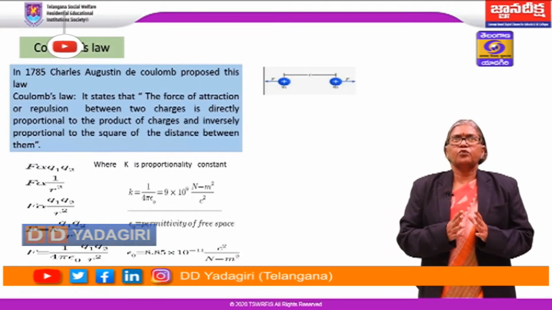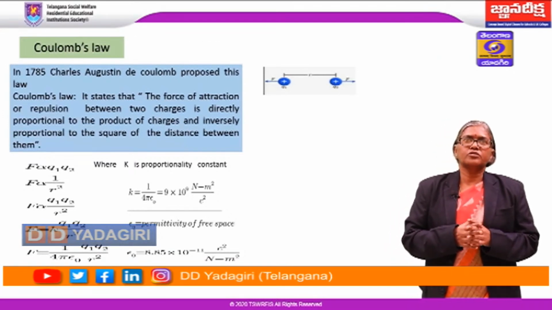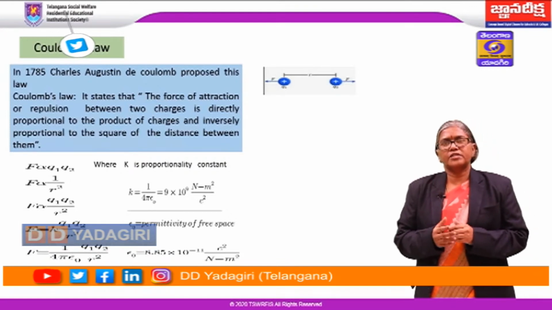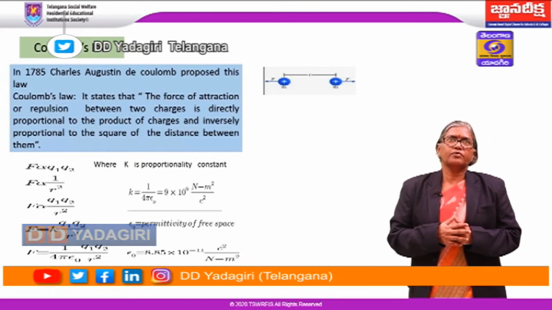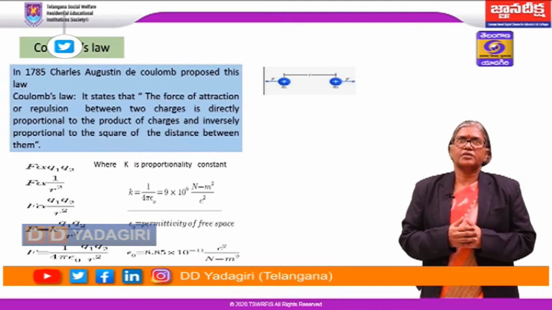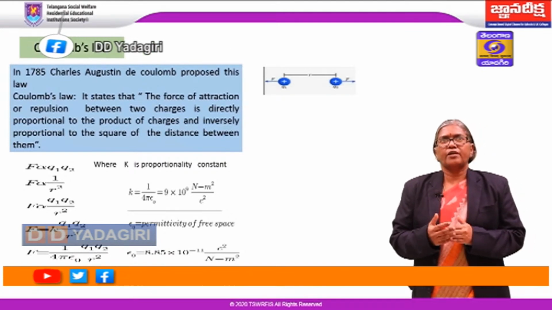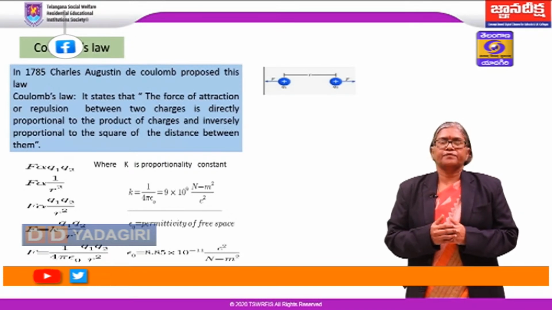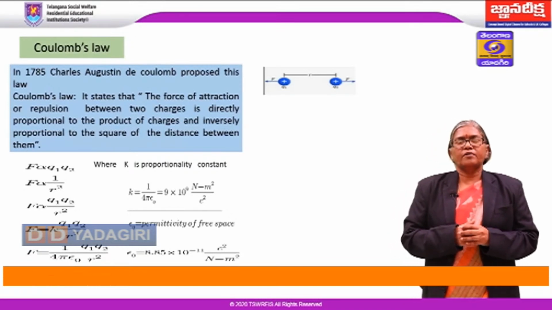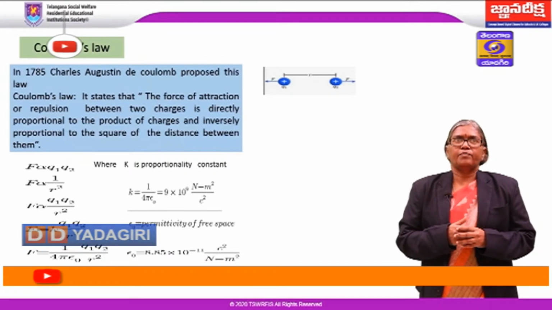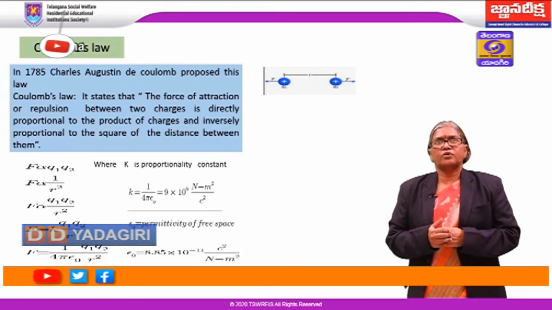Okay? Coulomb's law states that the force of attraction or repulsion is directly proportional to the product of the charges and inversely proportional to the square of the distance between them. In the formula, F means force between the two charges.